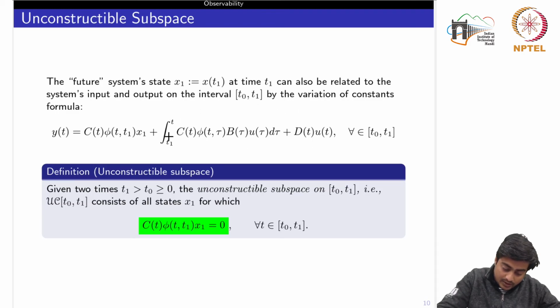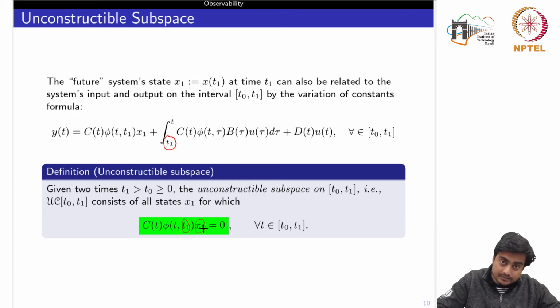The only difference is that instead of t0 we now have t1 in every place. Keeping the same definition, the unconstructible subspace on the time interval t0 to t1 consists of all states x1 for which this equation is satisfied. Again, the difference is t1 and the value of x at t1, which we have defined as x1.